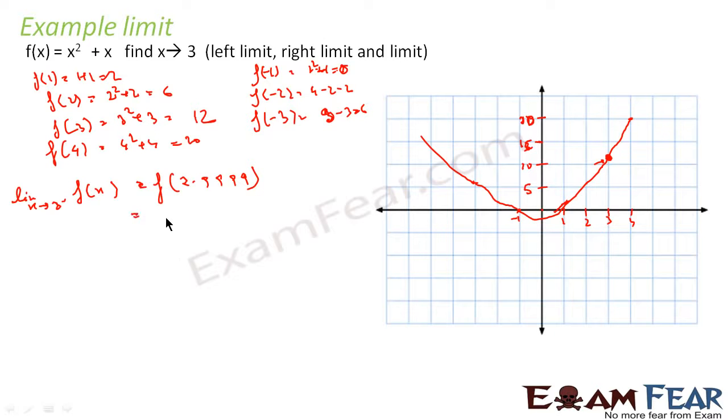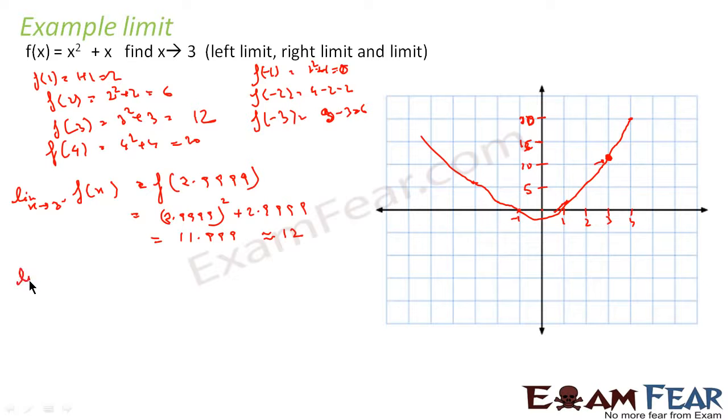So that is nothing but 2.9999 square plus 2.9999. And this value, if you calculate, you'll get something like 11.999, something of this sort, and that is almost equal to 12.